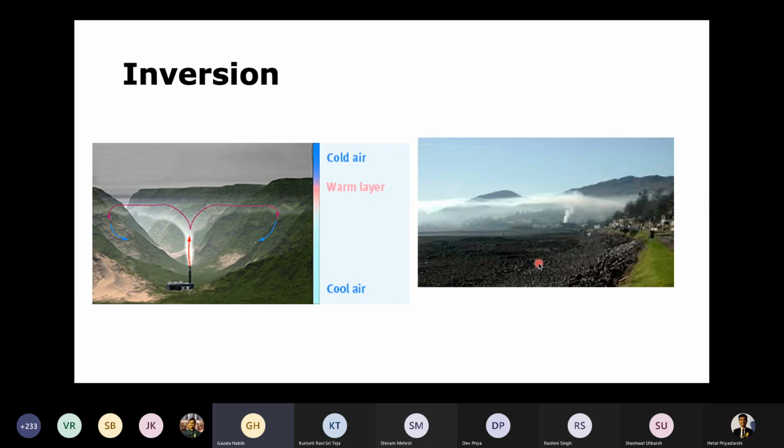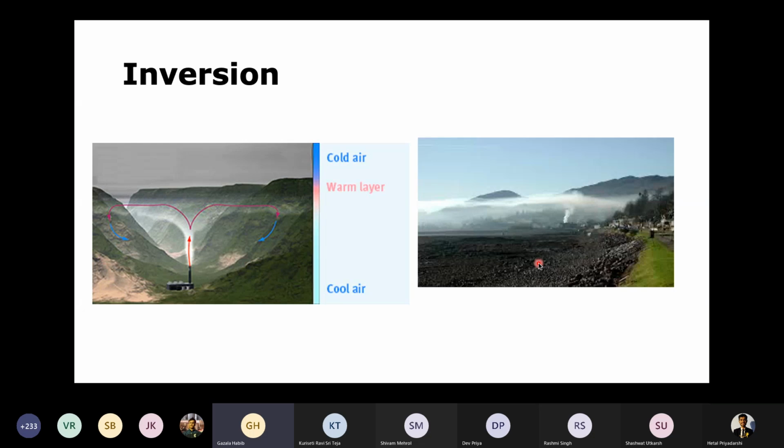Wind is more stable around the earth surface, and because of that stability, meaning low turbulence or even no turbulence, the pollution remains near the ground. It reduces the energy which is reaching the ground surface, and the temperature lapse rate is now inverted.